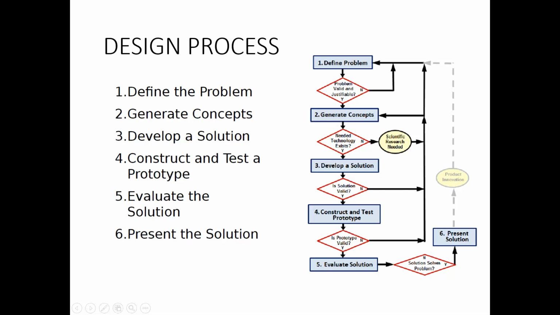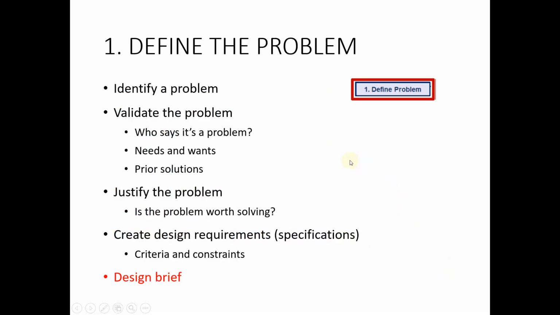So let us see in detail what are the different stages or steps that are carried out in the design process. The design process starts by defining the problem. Defining the problem means we are identifying the problem. Problem here means the requirement.